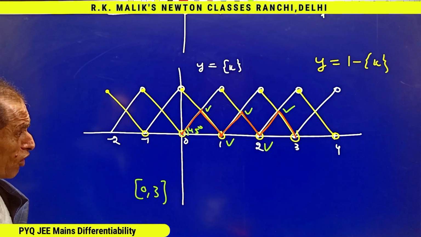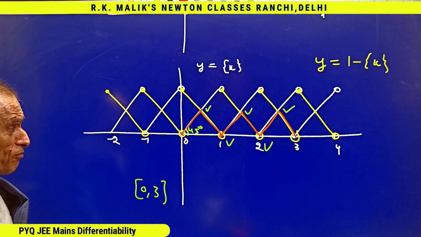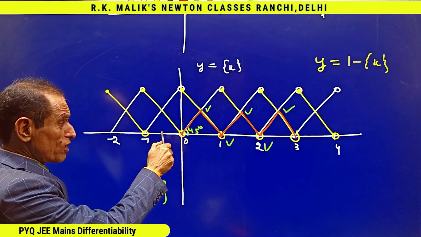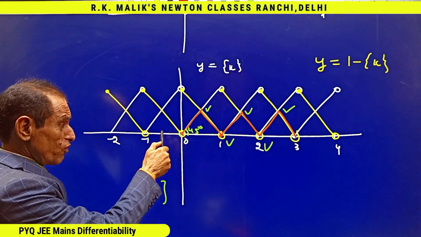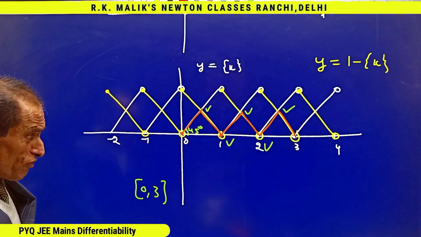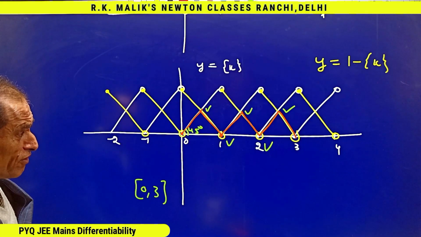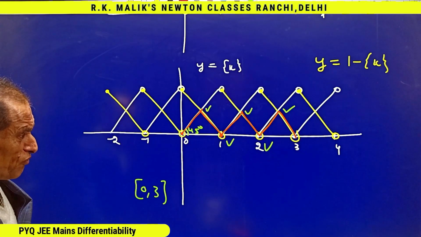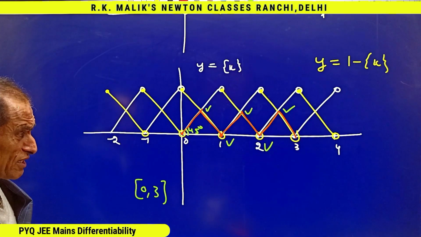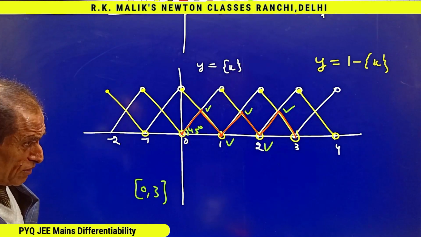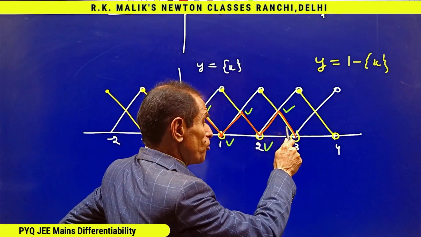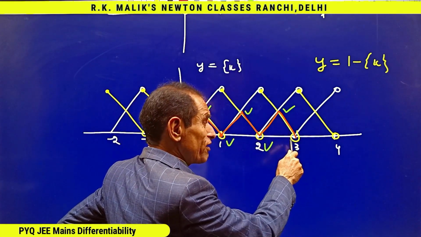At 0 we will not find the left hand derivative, because the function is not defined for less than 0, and because the right hand derivative is a finite number, the function is differentiable at 0. Similarly, at 3 you will be finding only the left hand derivative.